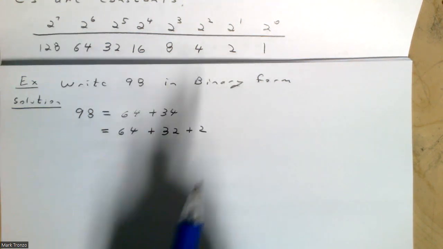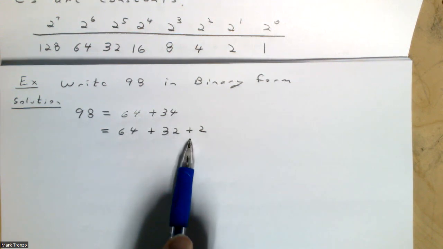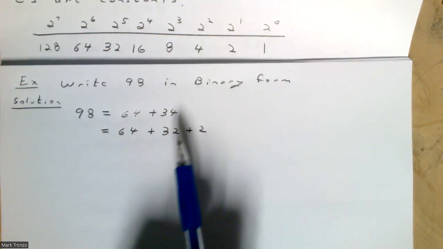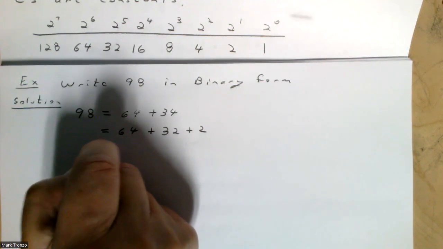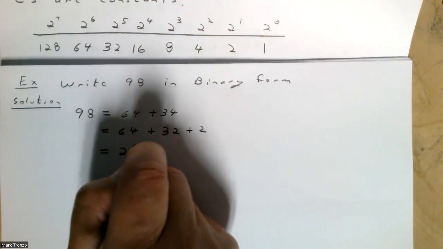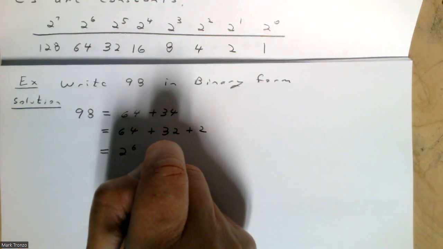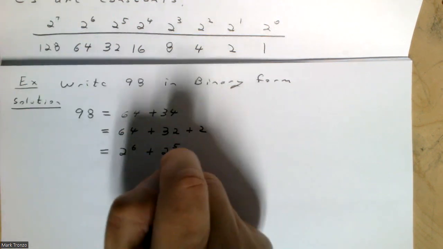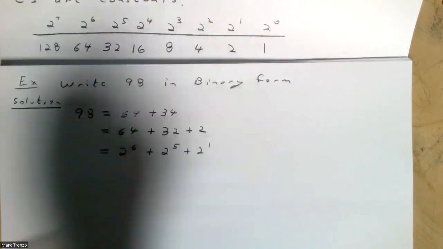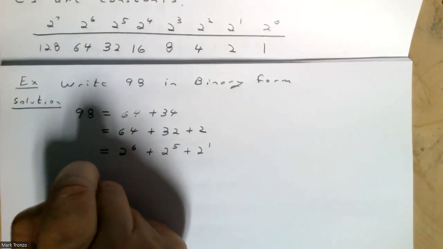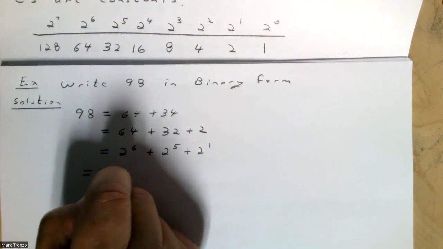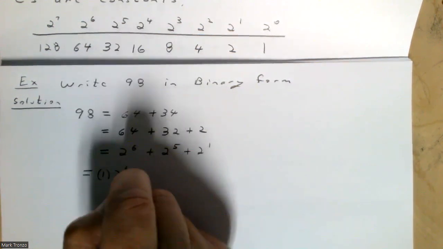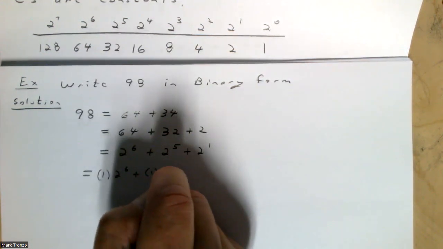Now, this time already we have everything as powers of 2, huh? So we can just write those down. 2 to the 6th, 2 to the 5th, 2 to the first power. So it's 1 times 2 to the 6th, 1 times 2 to the 5th.